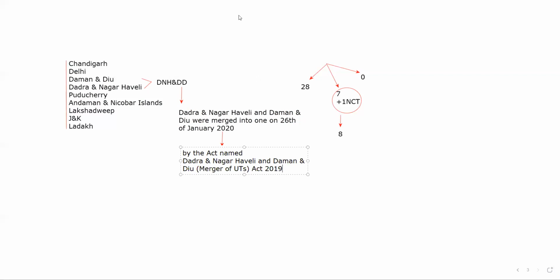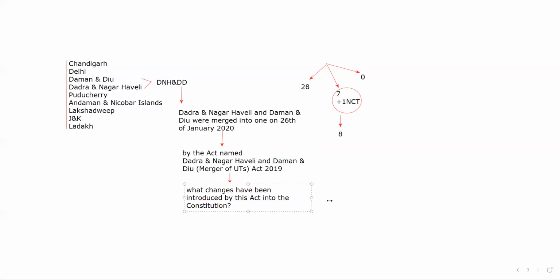Now the next important point to be discussed is what changes have been introduced by this act into the constitution.